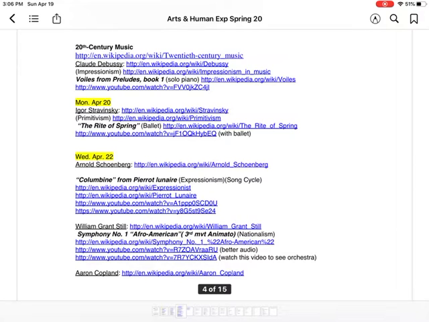Before that, we listened to Claude Debussy, which uses whole tone scales, which are less dissonant, we might say, than Stravinsky. Keep in mind, all these styles are coexisting, including what we're about to talk about today, nationalism.